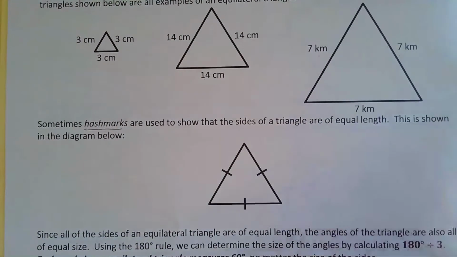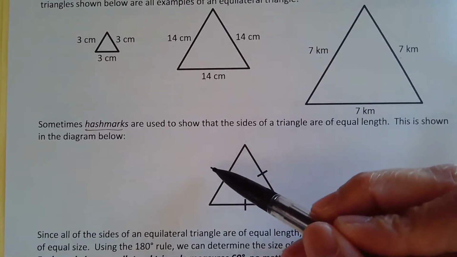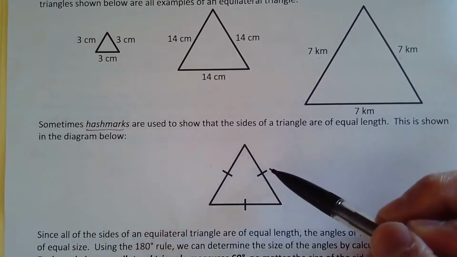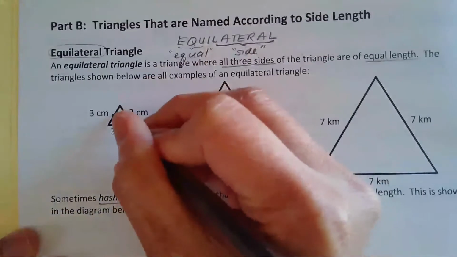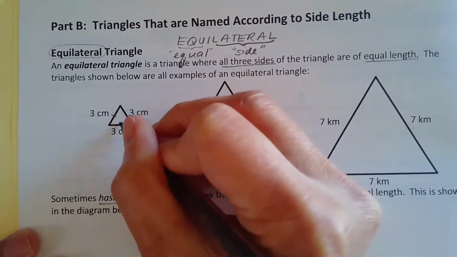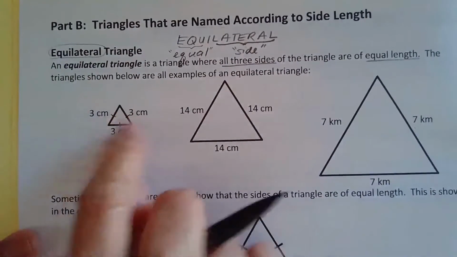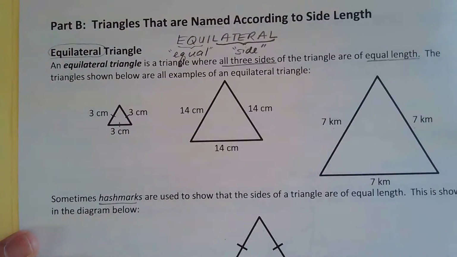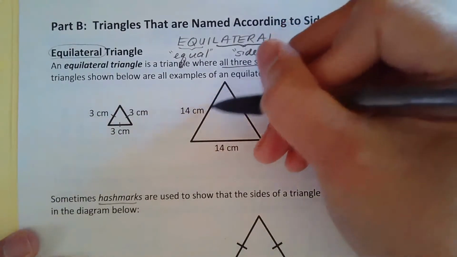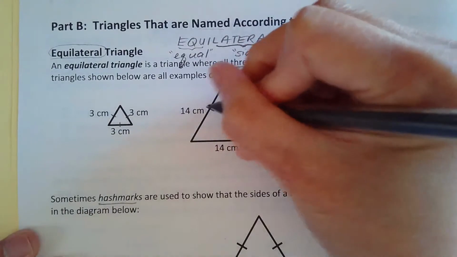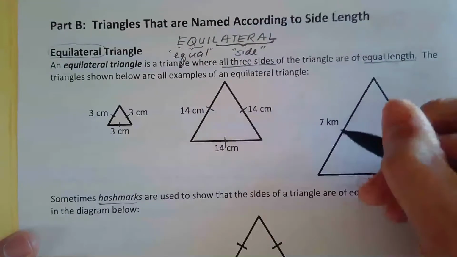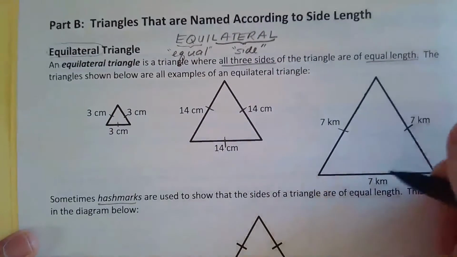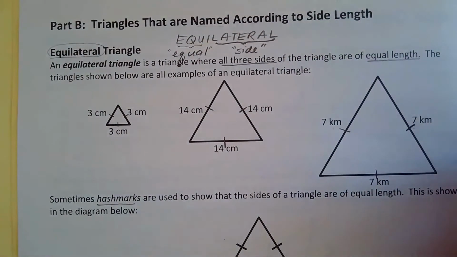So instead of saying this is 3, this is 3, this is 3, I can just go like this. That will save me from writing so much. Because all three sides are equal, I can just go like this. That shows that all three sides are equal. And this one also shows all three sides are equal.